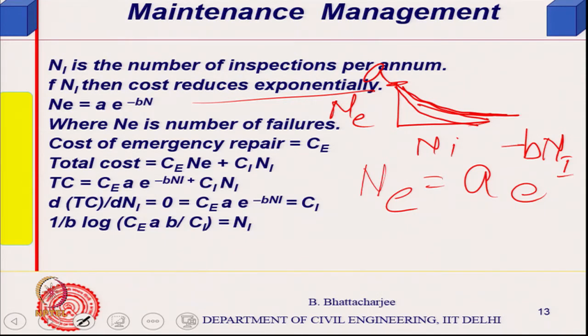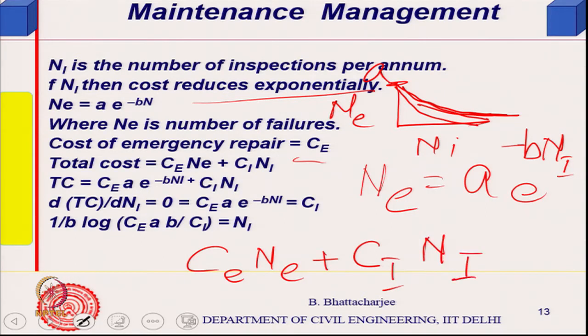Ne is the number of emergency failures, and supposing my cost of emergency repair is Ce, then my total cost will depend upon Ce Ne plus cost of inspection Ci into number of inspections Ni, and Ne can be replaced by this formula. So that is what I have done: Ce A e to the power minus B Ni plus Ci Ni, and then minimum. What is the optimal number of inspections?